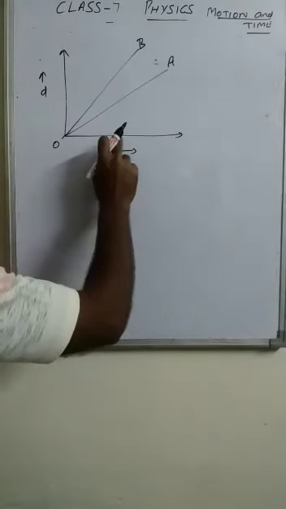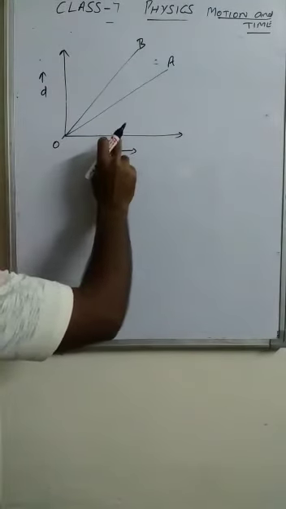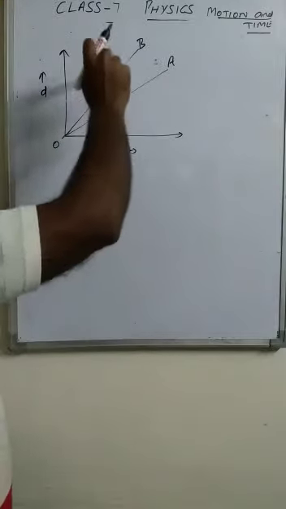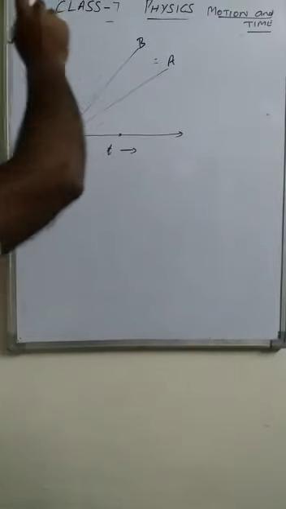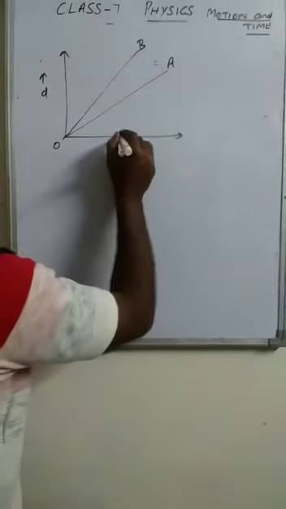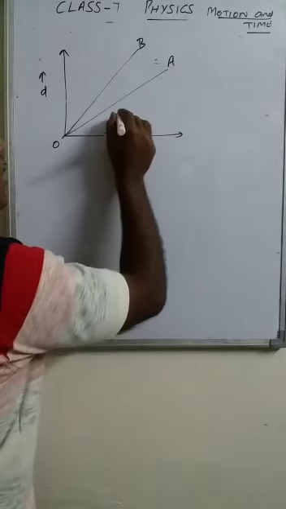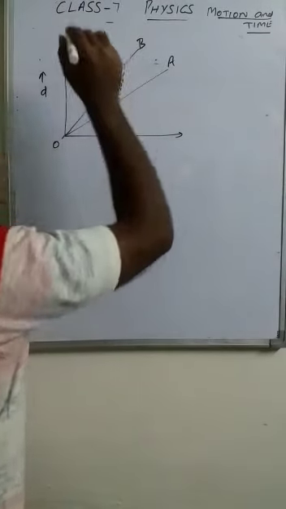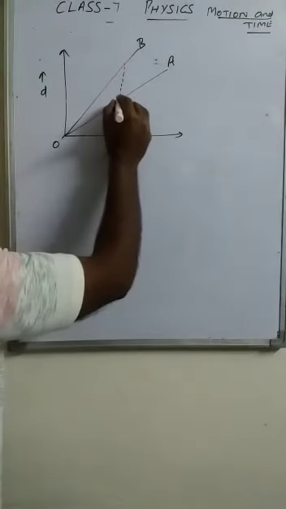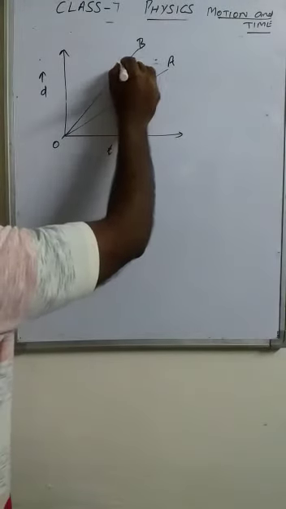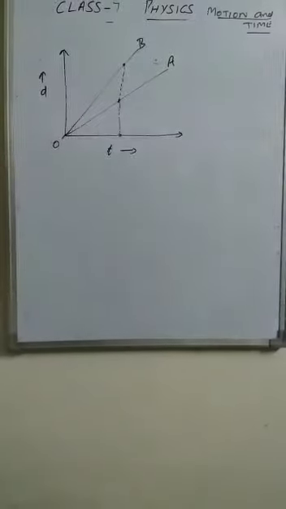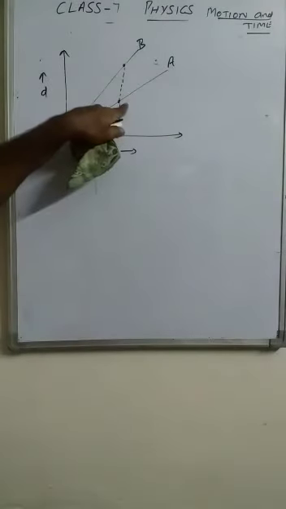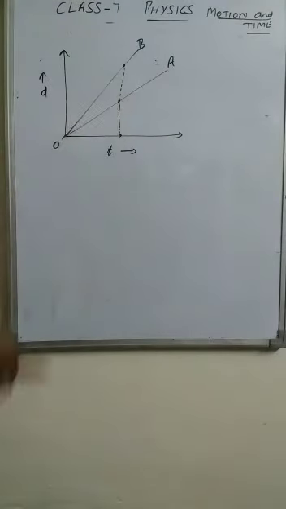That means at this time, what is the distance traveled by car A and car B? To find that out, just draw a perpendicular. The perpendicular intersects the graph at these 2 points.